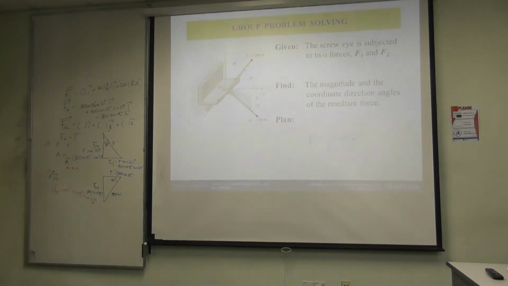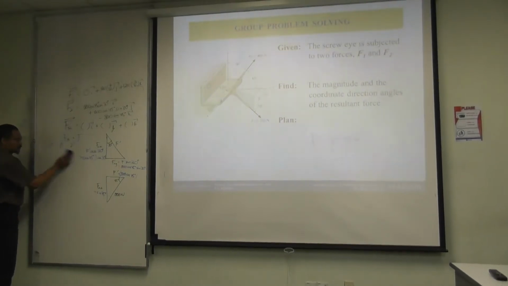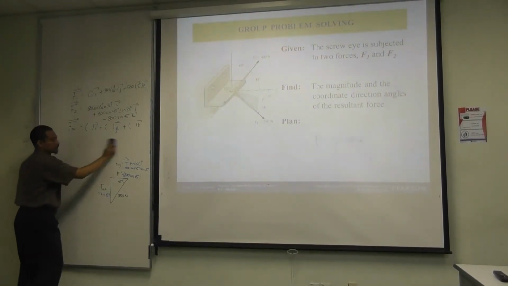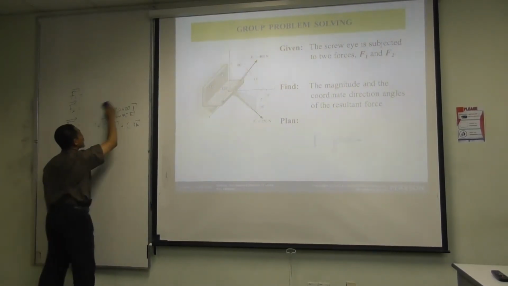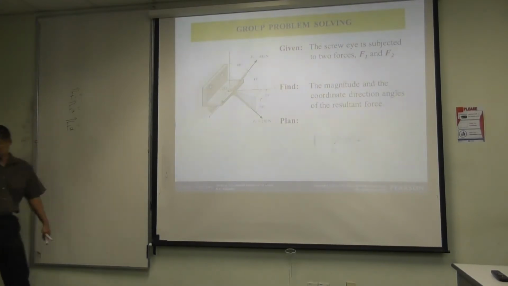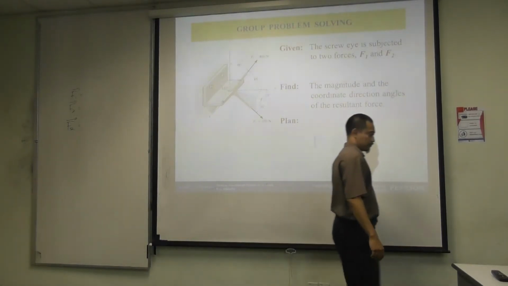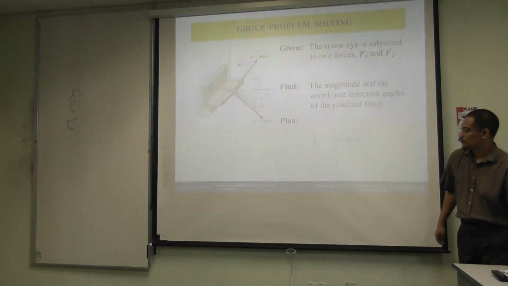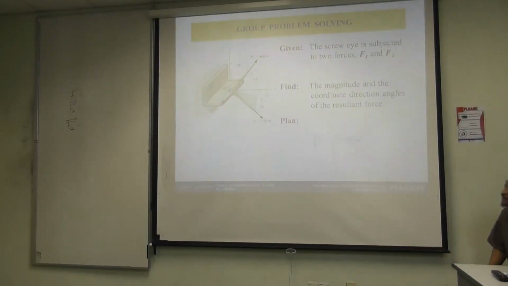Basically, you just draw the two triangles there. Try to express F1 and F2 in Cartesian vector form first, just to check whether you are okay with that part.